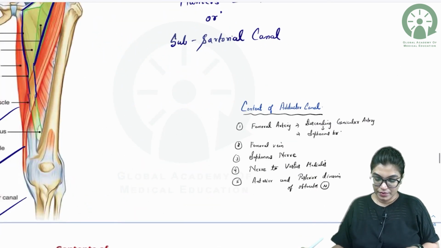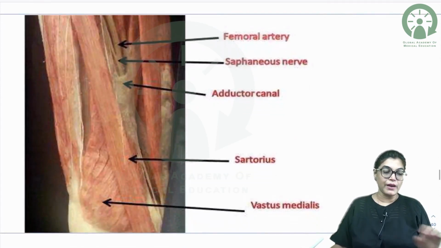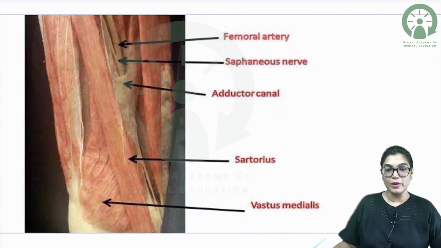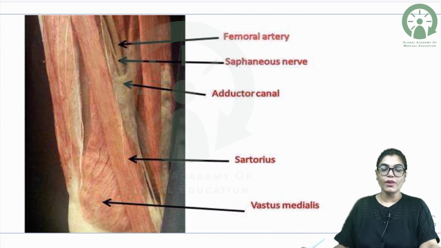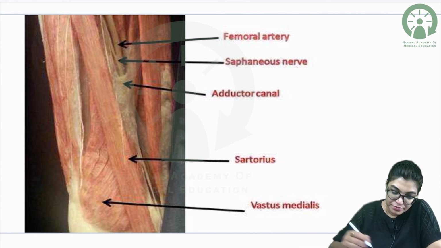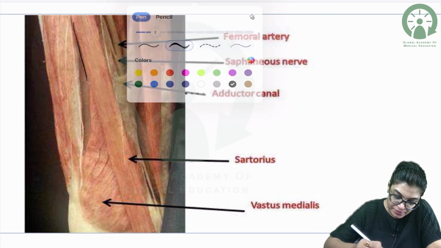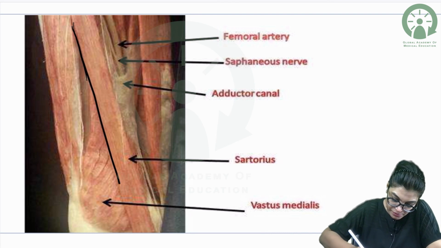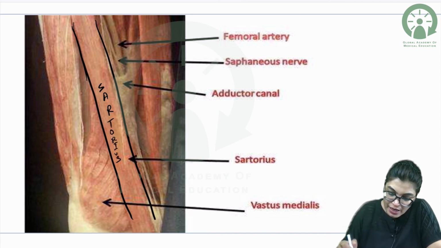Now, we have done with this. Now I would like to show you this cadaveric image and we can solve a few MCQs. So here in this diagram, you can clearly see the sartorius muscle. And as I told you, this sartorius muscle is forming the roof of adductor canal, and inside we can appreciate the contents residing inside.